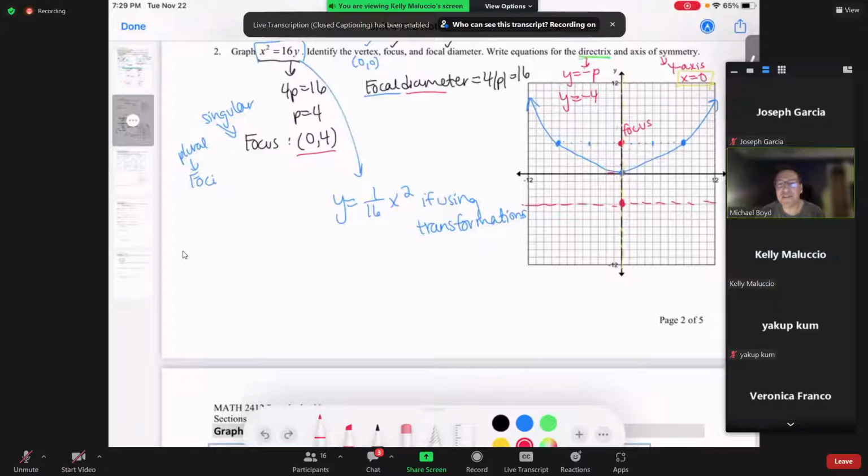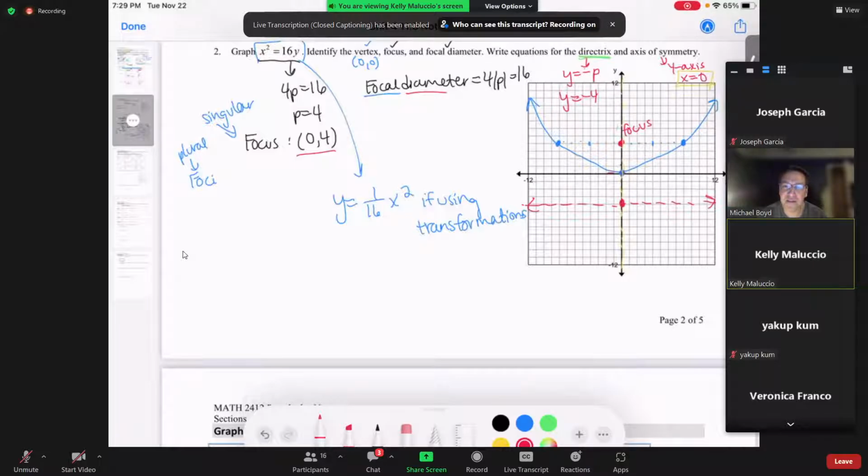So the directrix, it means that the parabola is somehow related to the directrix. Yeah.